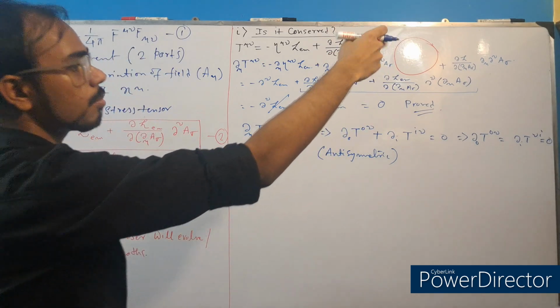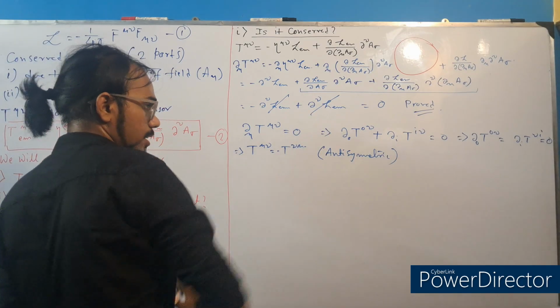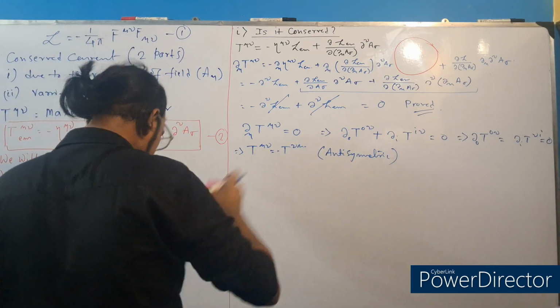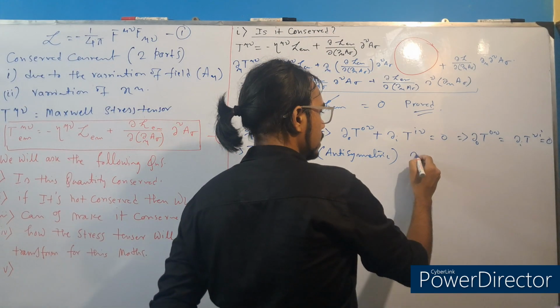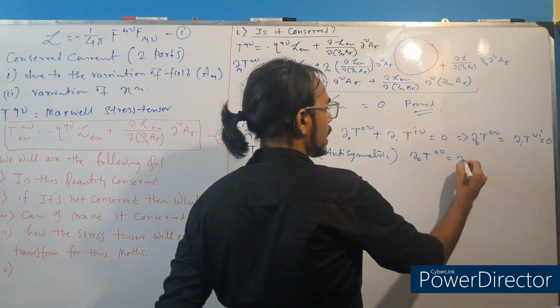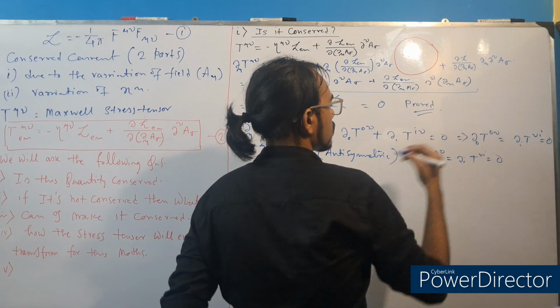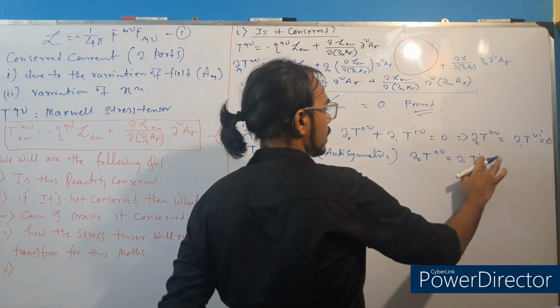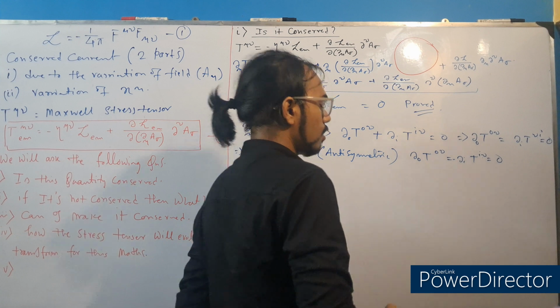I don't know if the board is visible up to that part, but I have written a 0 there. So due to the symmetric property of this T^{μν}, we can say that ∂_0 T^{0ν} equals ∂_i T^{iν} equals 0. It does not matter whether I write νi or iν with a minus, because both of them are 0.